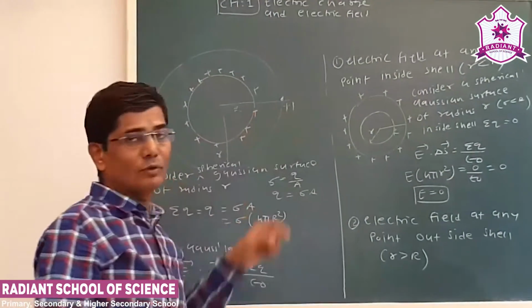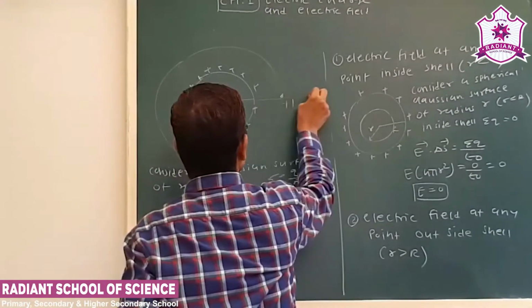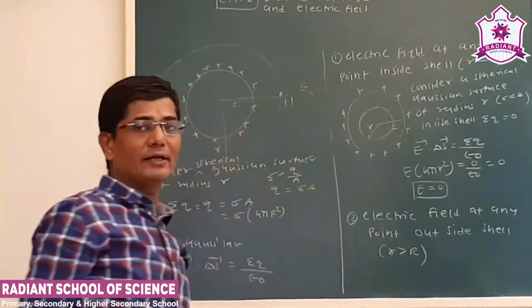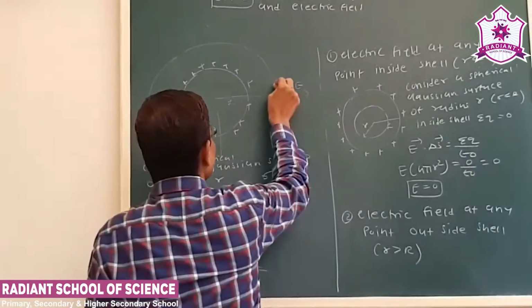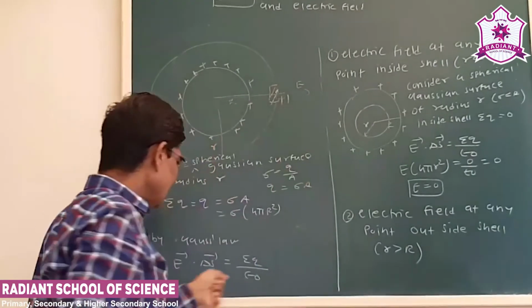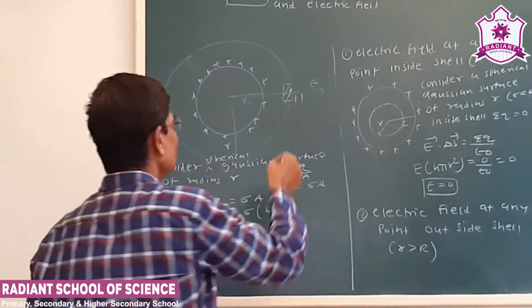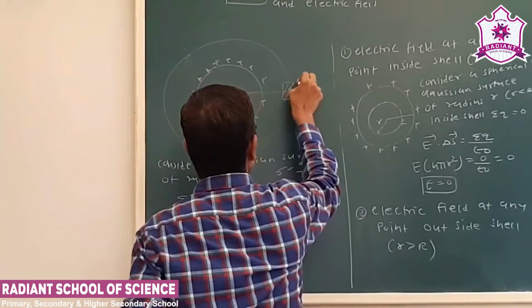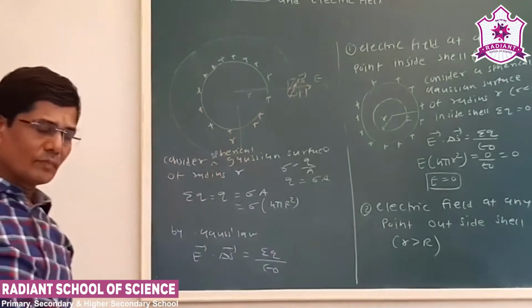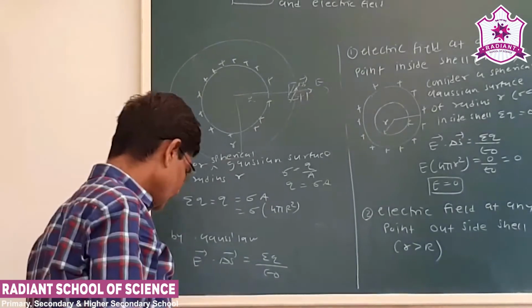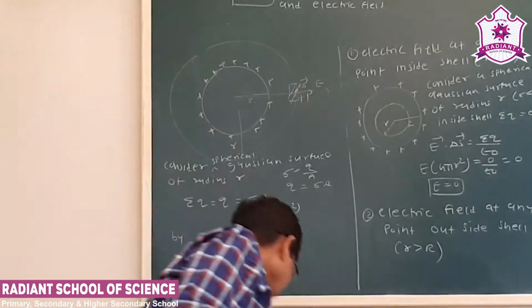See both are positive charge. So there will be repulsion. So the electric field will be like this. Now this delta S is the area of the Gaussian surface under consideration. So again the area vector delta S will be in the same direction as E. Now we substitute this value in this equation.